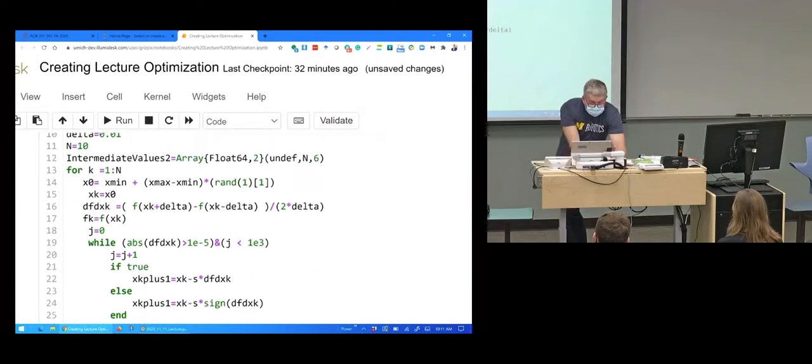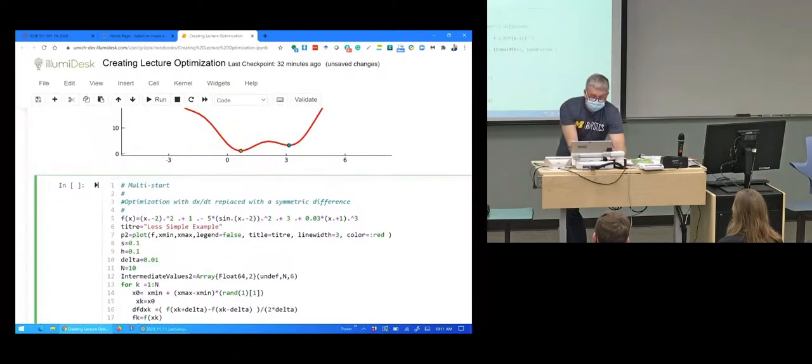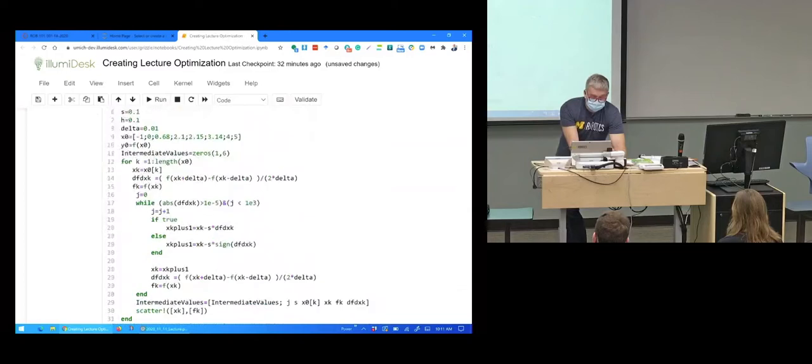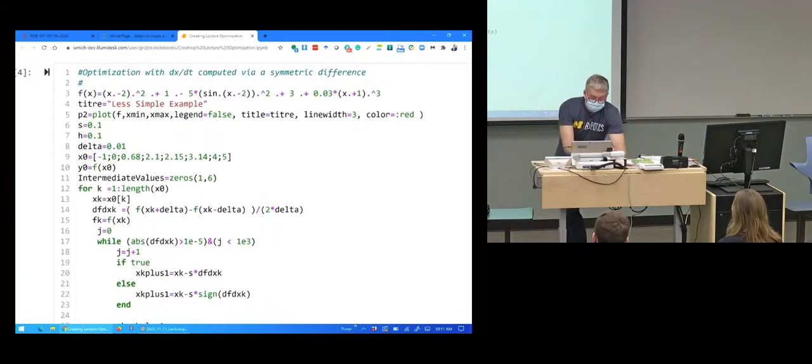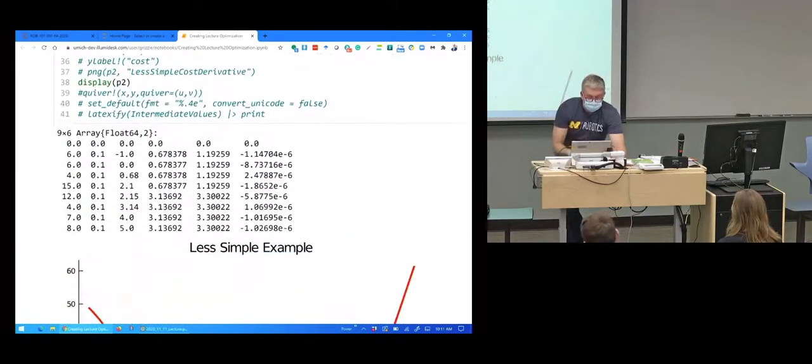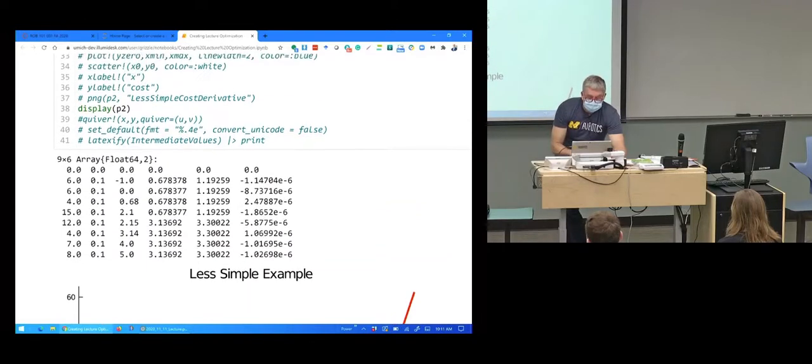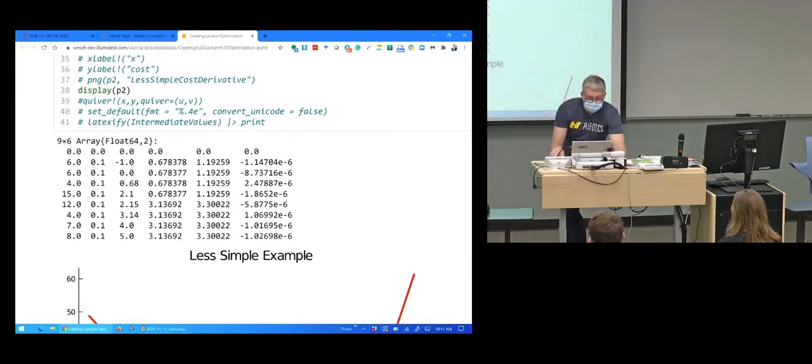Did it run? Oh yeah, so, okay. So here's my output. Ignore the row of zeros on here. So for my different initial conditions, minus 1, 0, etc., these are how many iterations it took.